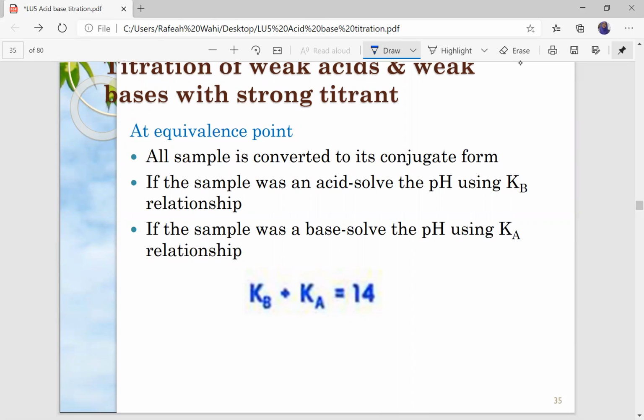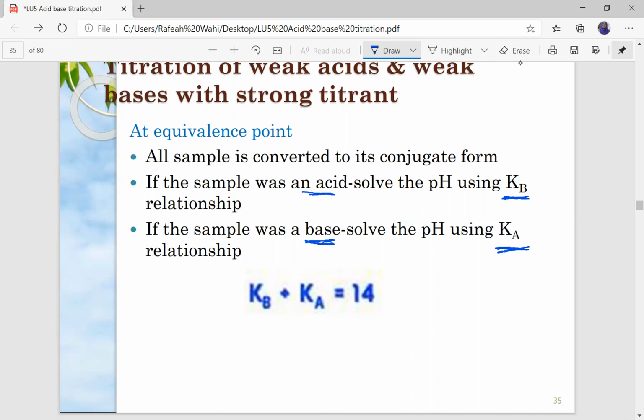If you look at your notes, when you begin with an acid, you calculate the initial pH using the Ka expression, but at equivalence point, you calculate the pH using the Kb expression. If you start with a weak base sample, you calculate the initial pH using the Kb expression, but at equivalence point, you will use the Ka expression.